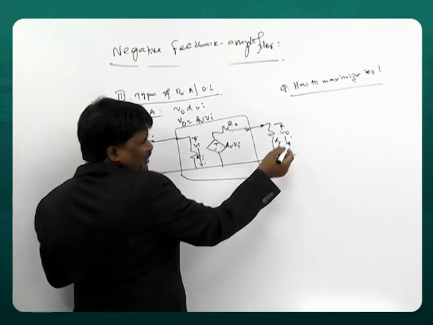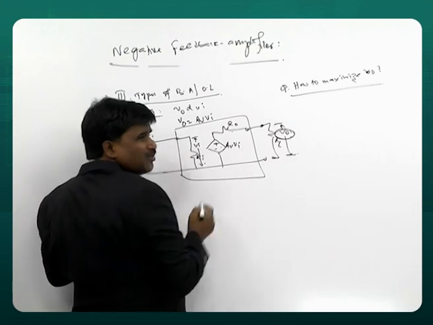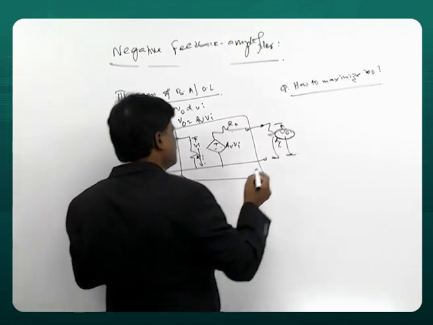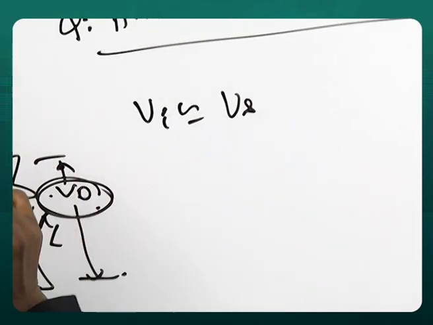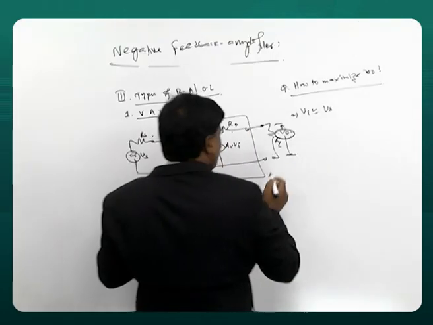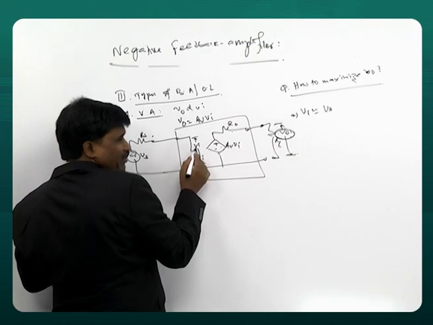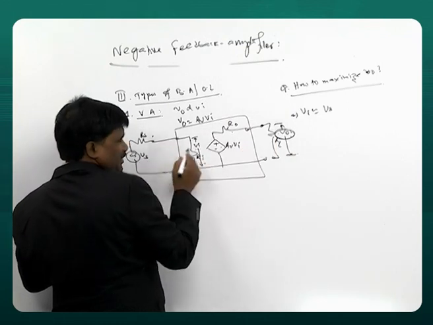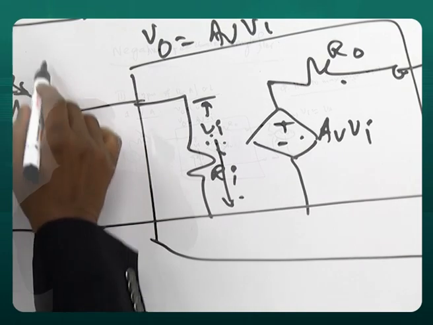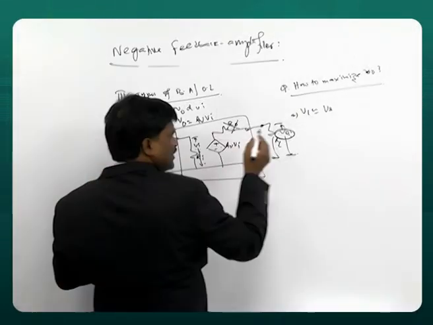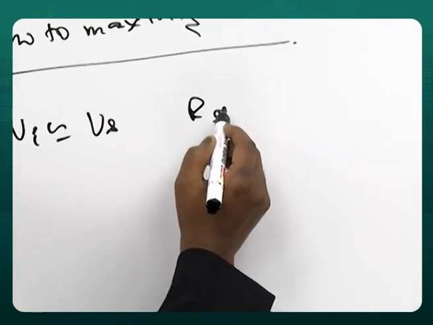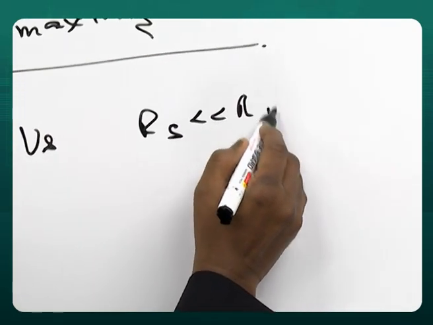This being a voltage amplifier, output is voltage. Therefore, Vi should be approximately Vs. If you want to maximize this, you should maximize this. This should be maximum means this should be negligible. Therefore, Rs is far less than Ri.